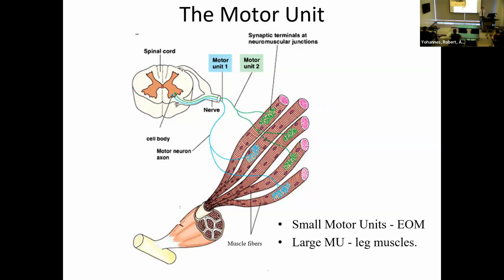So here we have motor unit number 1, motor unit number 2. The green neuron innervates all the muscle fibers that are in green, and conveniently all the muscle fibers in blue are innervated by motor unit number 1. So we have 2 motor units here that we're looking at.